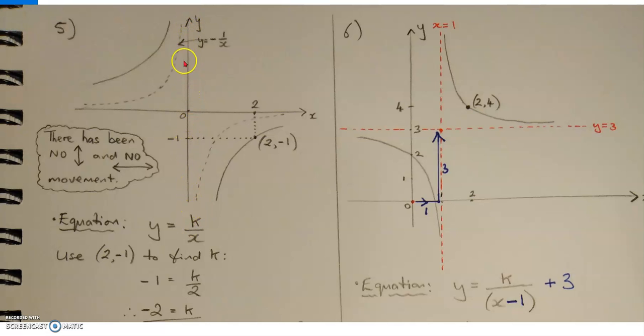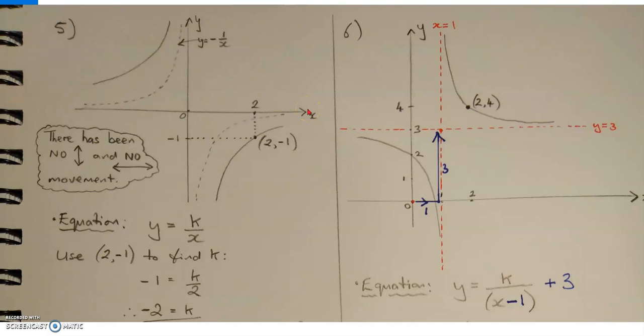And that is anywhere along the y-axis is where x is equal to 0, because if this curve here is an asymptote, it approaches the y-axis at infinity, but it never touches. And if it never touches, then x cannot take the value 0. And the same is true for this x asymptote here.